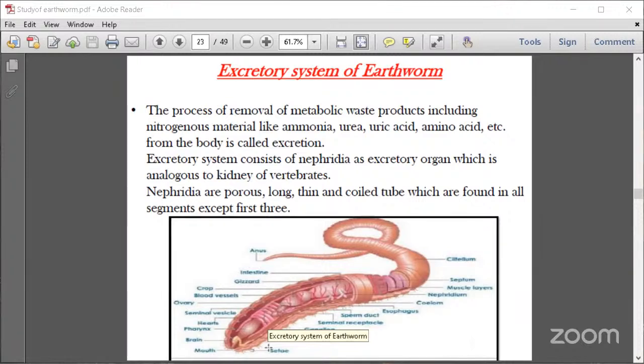Nephridia are porous, long, thin, and coiled tubes which are found in all segments except the first three segments.